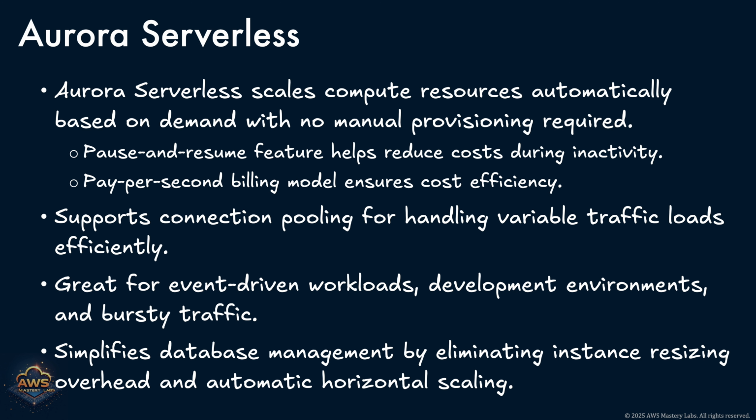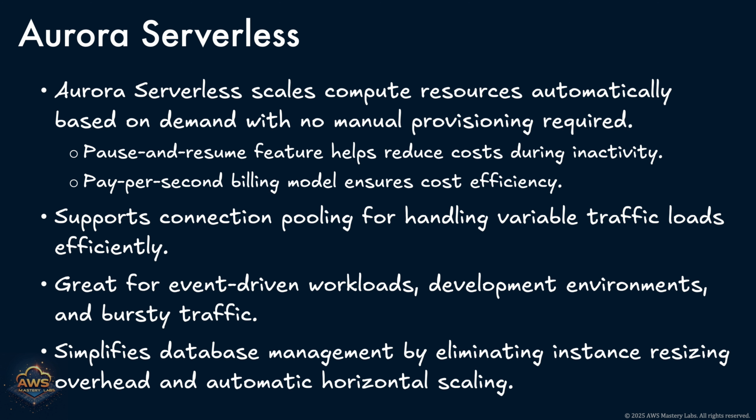Whether your application experiences sudden spikes in traffic or sits idle for hours, Aurora seamlessly scales up or down, ensuring optimal performance without over-provisioning. There's no need for manual provisioning of database instances, making it a perfect fit for applications with unpredictable workloads, such as event-driven systems, development and testing environments, or services that experience periodic bursts of traffic.